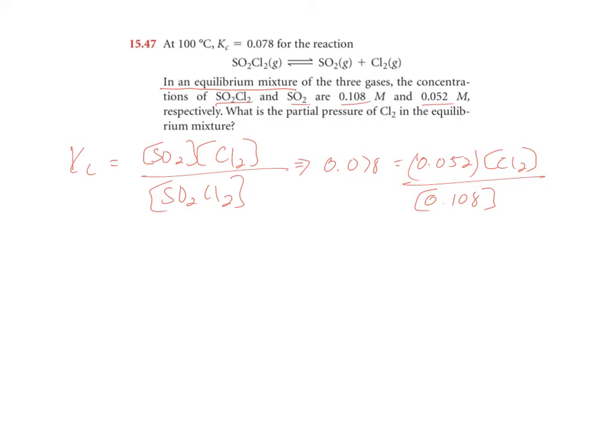So if we rearrange this and solve for the concentration of Cl2, I'll move this over here, it is going to be 0.16 molar. And I'm confident you can rearrange that and do that yourself.